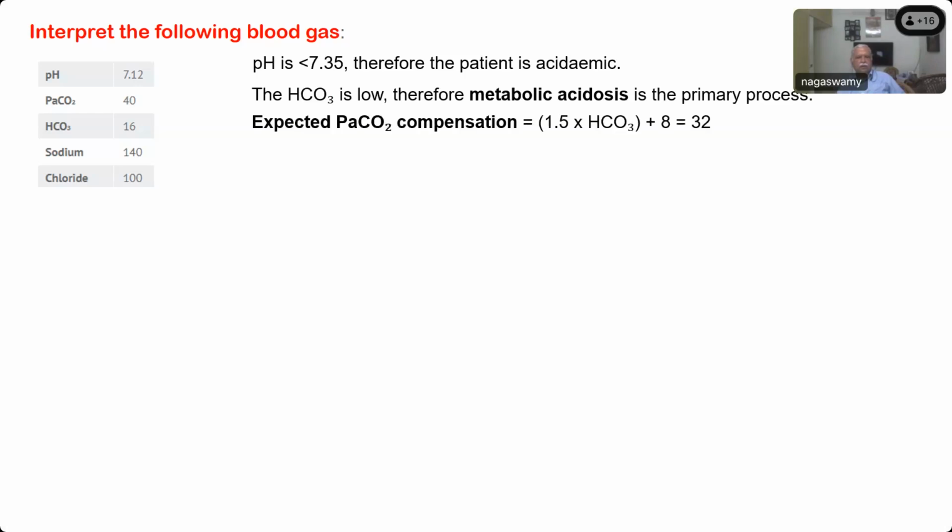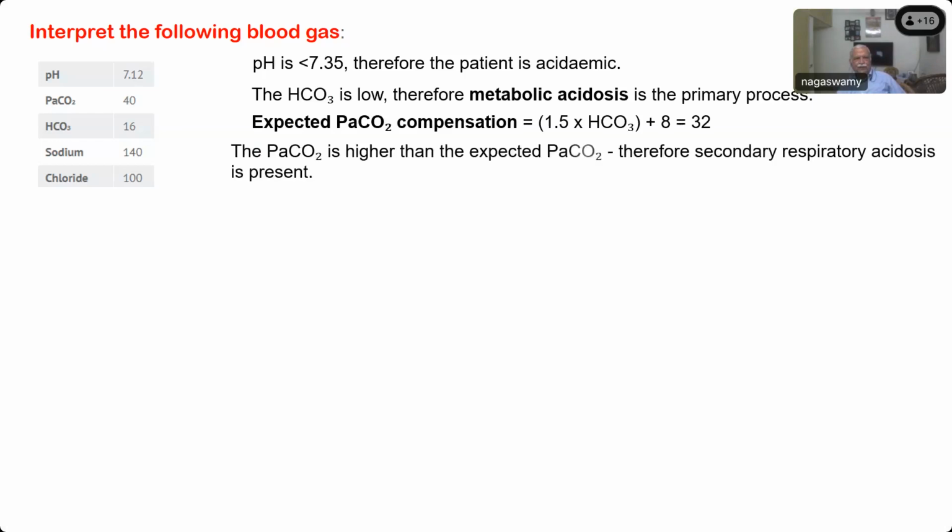Expected PaCO2 compensation should be 32, but here it is 40. So the PaCO2 is higher than expected. So there is a secondary respiratory acidosis also. That is the point that you should know. Of course, it's high anion gap.